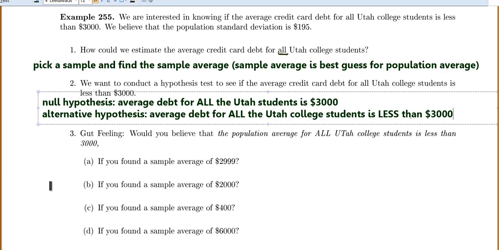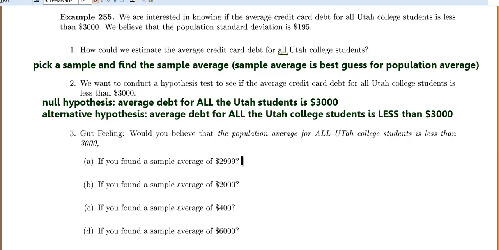So number 3, we're going to just do some gut feelings on these. We don't know anything technical yet, we're just asking, what do we feel? So the question is, would you believe that the population average for all Utah college students is less than $3,000 if you found a sample average of 2,999? Remember, our sample averages aren't going to be exactly the same as our population averages. That's just due to a little bit of chance error. But we expect our population and sample averages to be close.